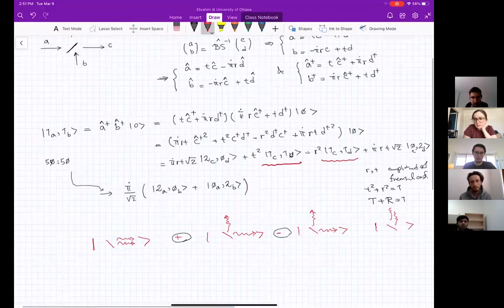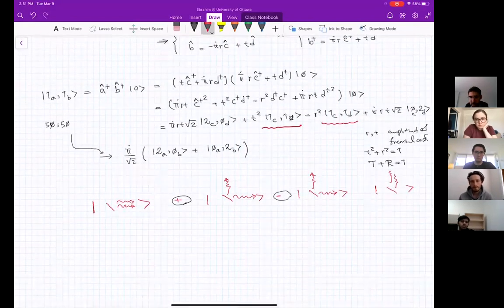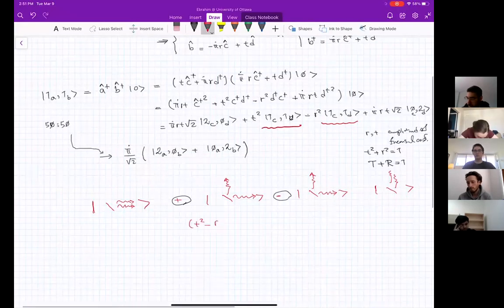And for a non-perfect beam splitter, or let's say a perfect beam splitter which is not symmetric, which has a certain reflectivity and transmittivity, then you will end up with a state given by T squared minus R squared times 1 photon in C and 1 photon in D. Okay?